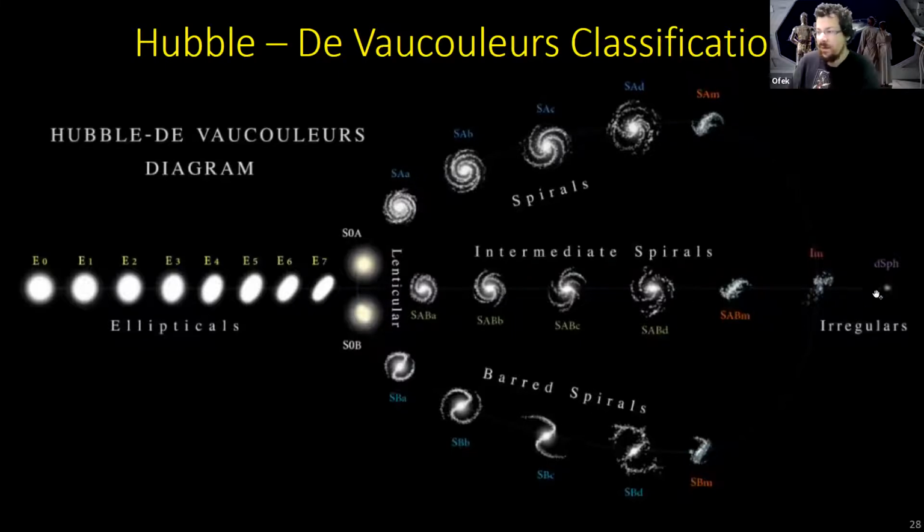And again, on the right side, we have different types of irregulars, which don't fit the other classifications. But these are the main categories of galaxies we classify today, between ellipticals, spirals, intermediate or barred spirals, or irregulars.